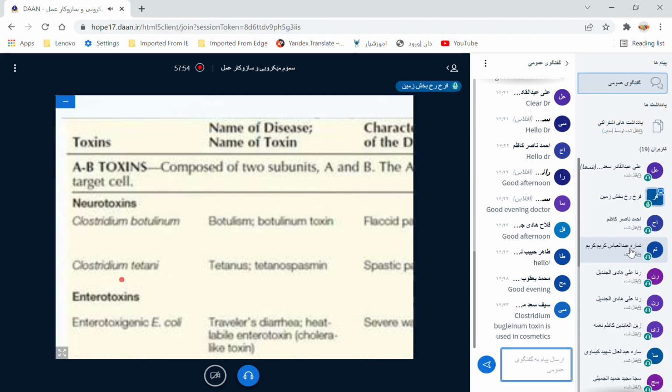Clostridium tetani is another with AB toxins, whose toxin works in a completely opposite direction. This is tetanus, and the toxin is tetanospasmin.